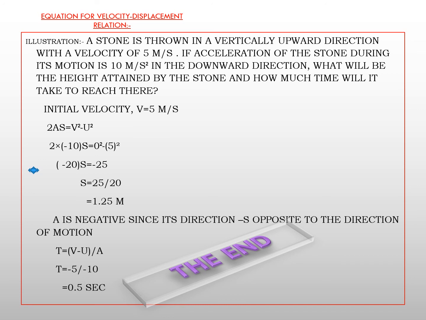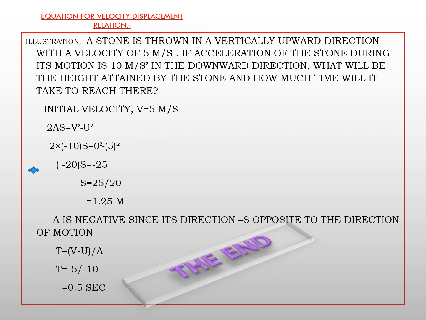So the velocity is in the positive direction, 5 meter per second upward. The acceleration of the stone is 10 meter per second square in the downward direction. The acceleration is opposite to the velocity, so it will be written with a negative sign.